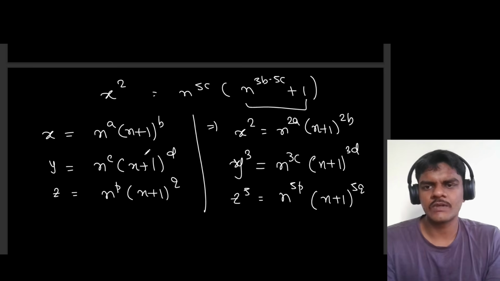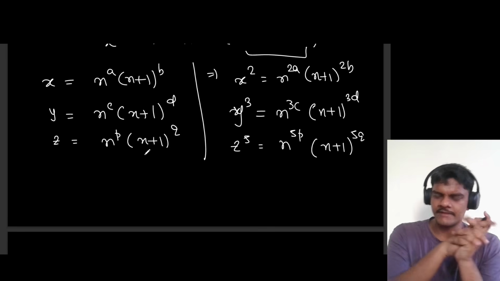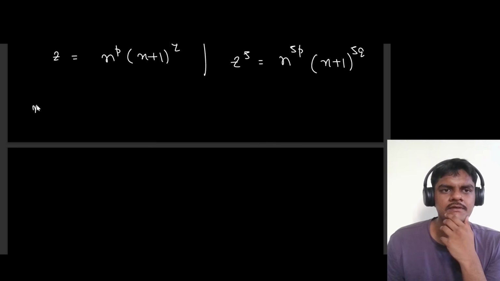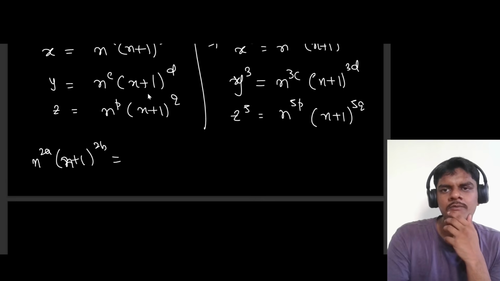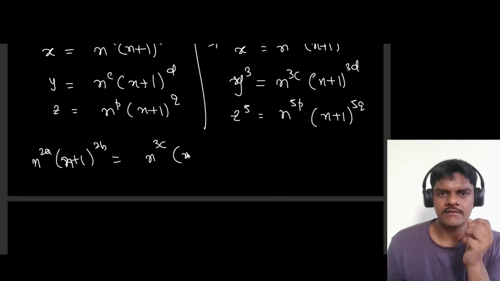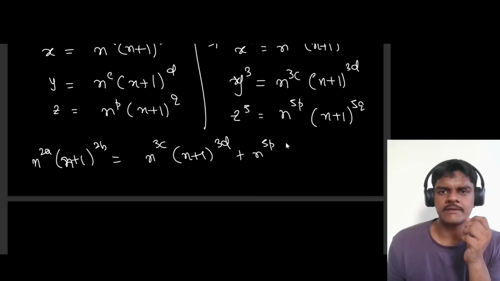Now, what I want to happen is that n power 2a into n plus 1 power 2b is equal to these two added up in such a way, n power 3c n plus 1 power 3d plus n power 5p n plus 1 power 5q.